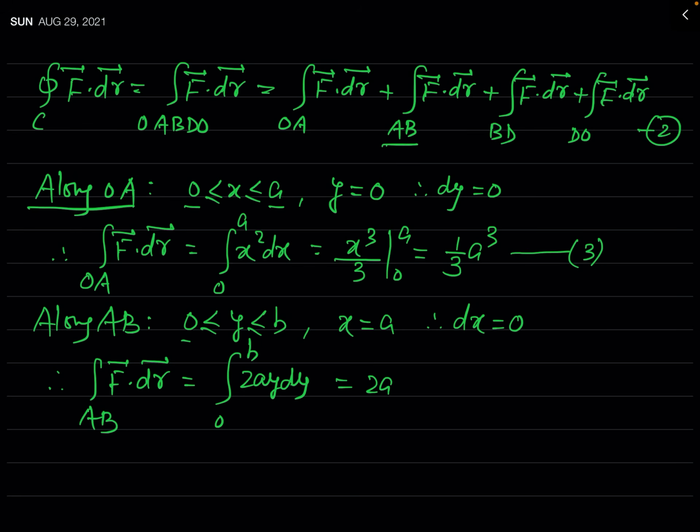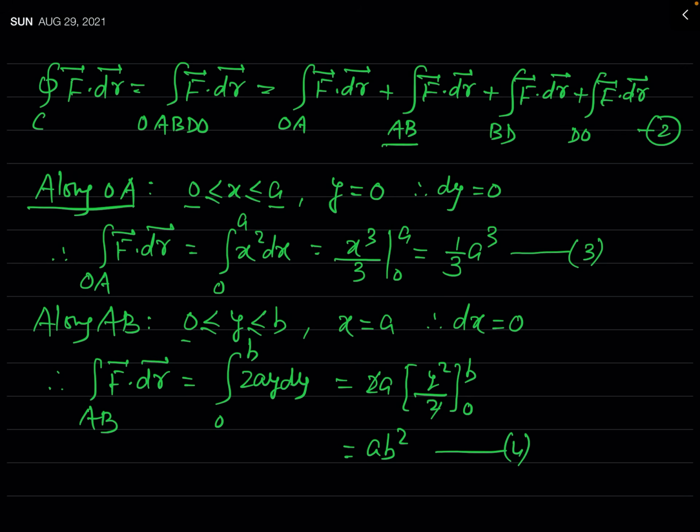Since 2a is constant, it will be outside of the integral, and the integral of y will be y square over 2, with limits b and 0. Now put the limits. This 2 and this 2 will cancel out, and this will be simply ab square. So we have evaluated this integral.